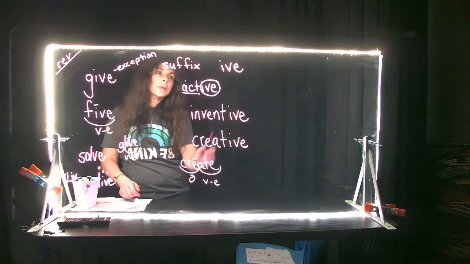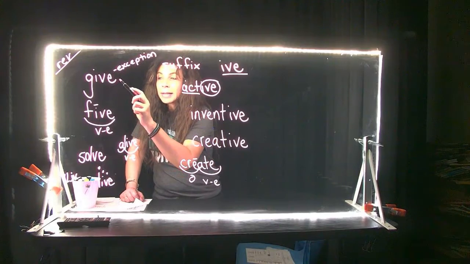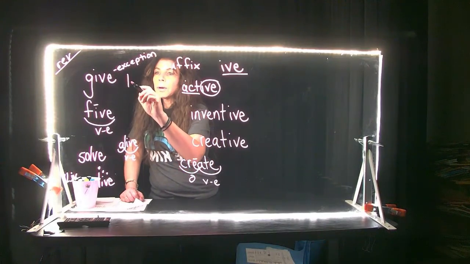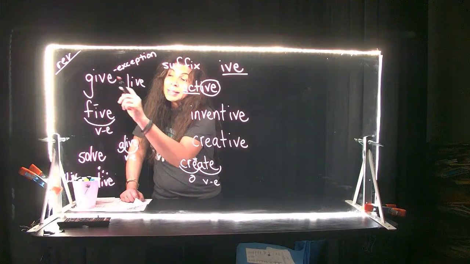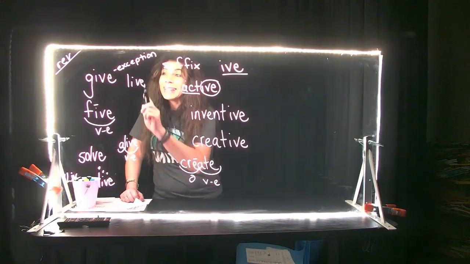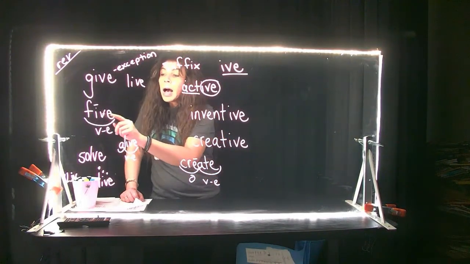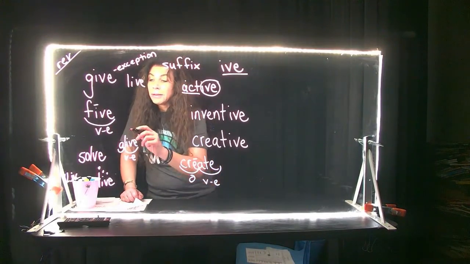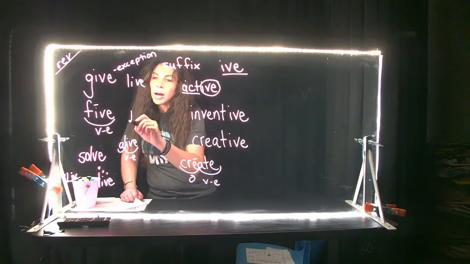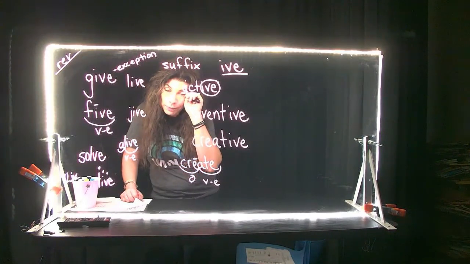Today, I just want you to realize that IVE can be part of a word, like give, or live, but in this case, it would be a short vowel sound. It sounds like the suffix iv, but IVE can also be a vowel consonant E. Live, alive, jive.